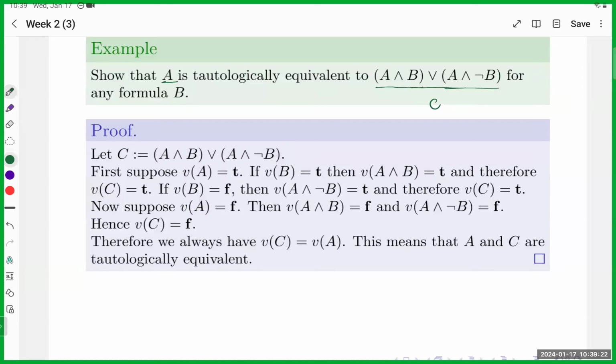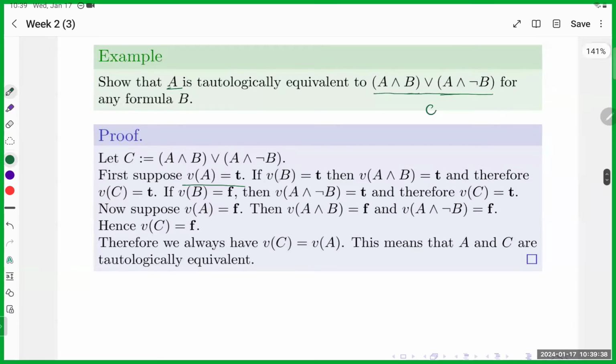Now, the first case, I'm also going to divide it again in two. In the first case, you're assuming V of A is true. Now for B, also two separate cases. If V of B is true, then V of A and B are both true. That means V of A and B is true.